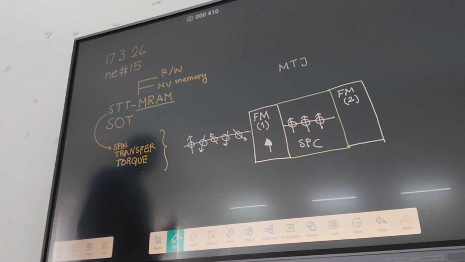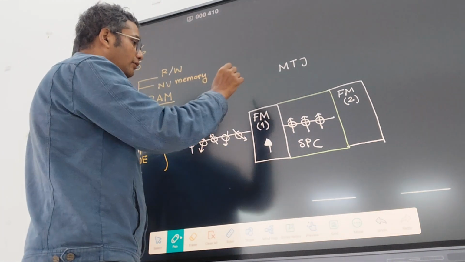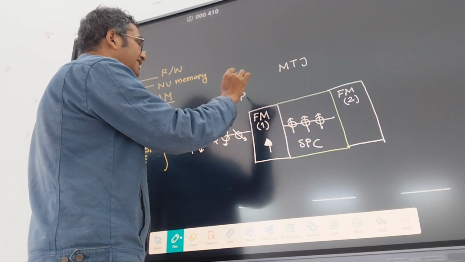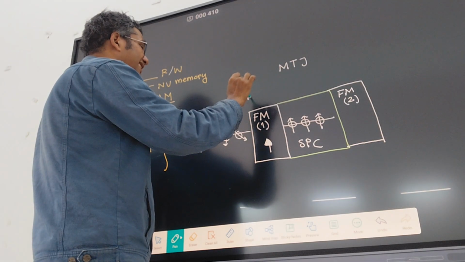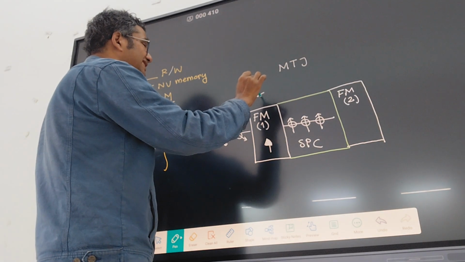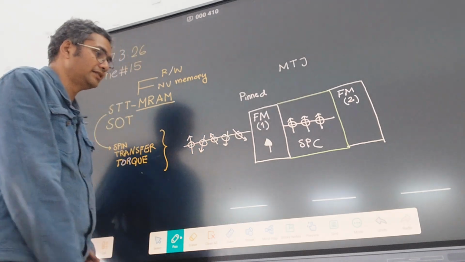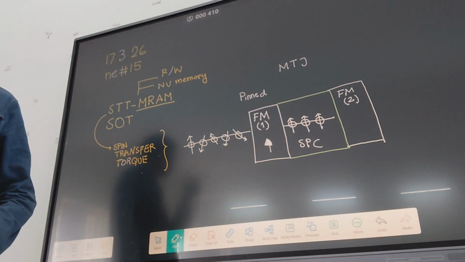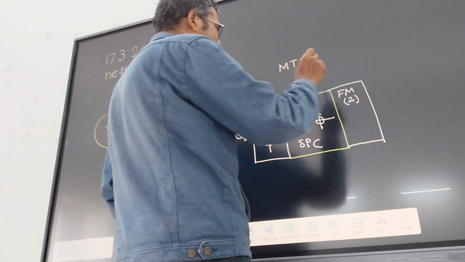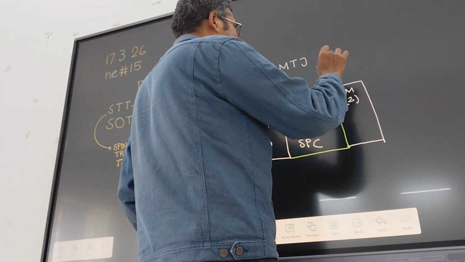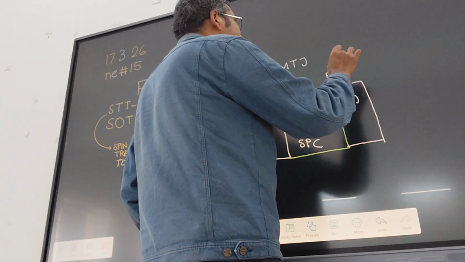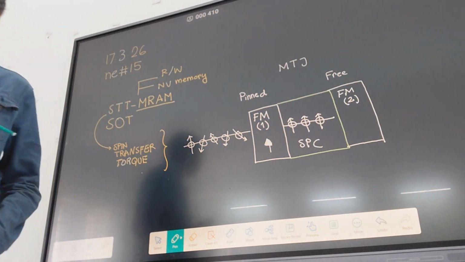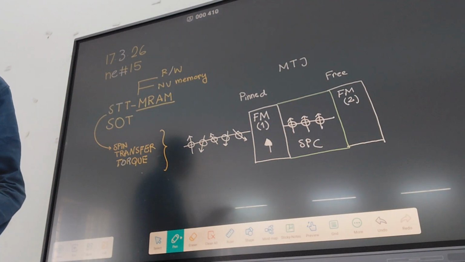Now, what is the difference between FM1 and FM2? FM1 is called a pinned ferromagnetic, where the magnetization is fixed: a pinned, fixed layer. And this is a free layer. The magnetization is free, it can change.